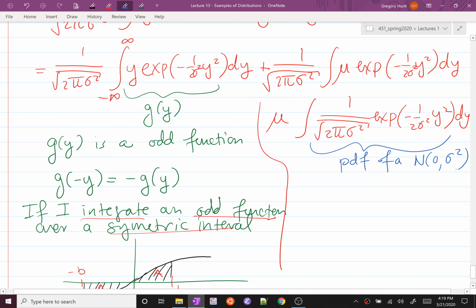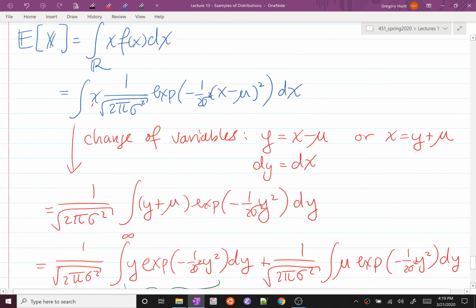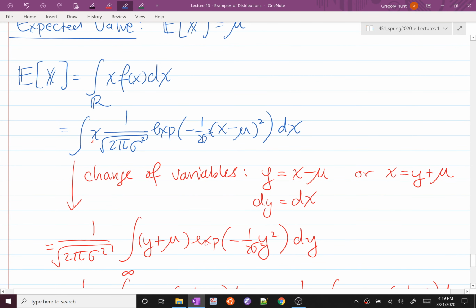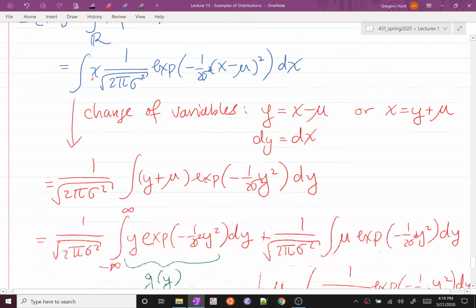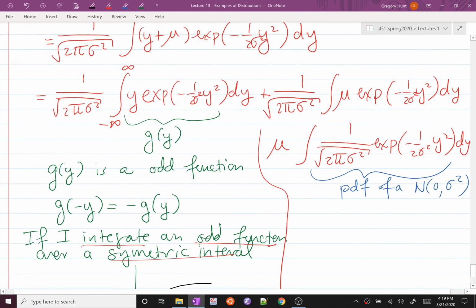If you go look at our definition of what a normal distribution looks like, if mu is 0 and our variance is sigma squared, this is the PDF of a normal 0, sigma squared. Of course, we're integrating over the whole line, and so the integral is unity. The integral is 1, and so we're just going to be left with a mu out front.